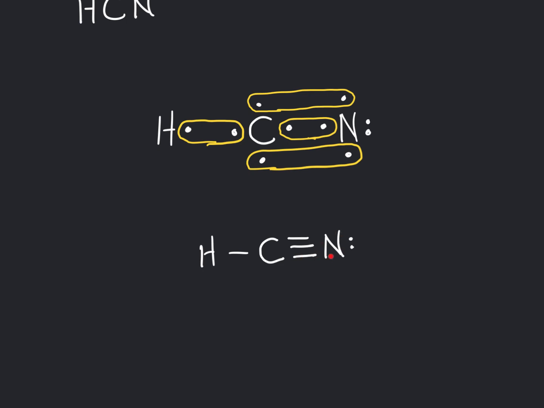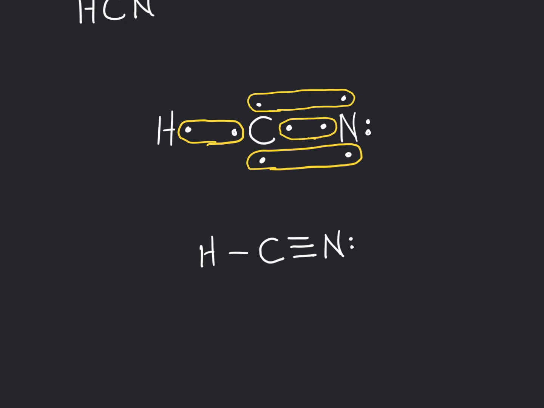Around this nitrogen, I now have 2, 4, 6, 8 electrons. That is an octet around that nitrogen. What about around carbon? I have 2, 4, 6, 8 electrons around carbon. Awesome. We got that octet. And then remember, 2 electrons around hydrogen is a full outer layer.